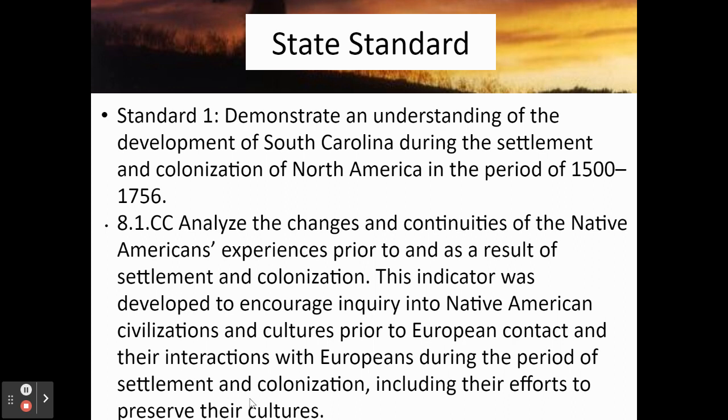This indicator was developed to encourage inquiry into Native American civilizations and cultures prior to European contact and their interactions with Europeans during the period of settlement and colonization, including their efforts to preserve their cultures. We're just going to touch on Native Americans a little bit in this lesson.